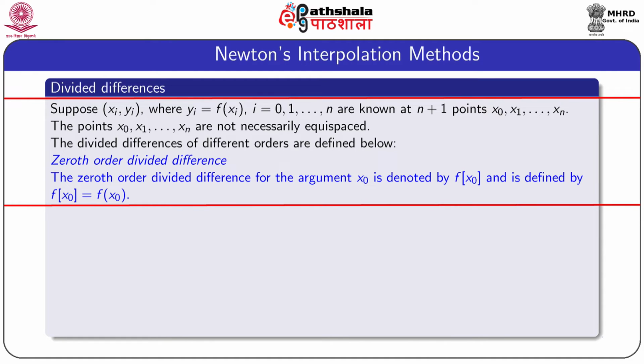We assume that xi, yi, where yi equal to f of xi, are given, and we define different orders of divided differences. First, we define the zeroth order divided difference.